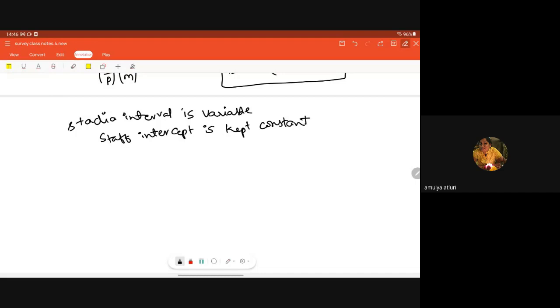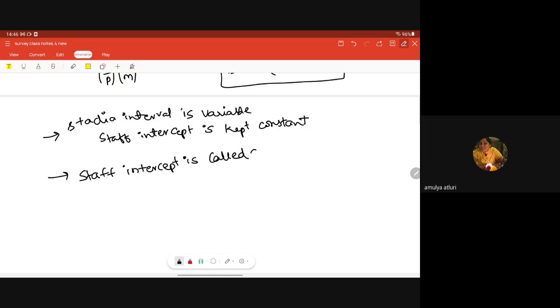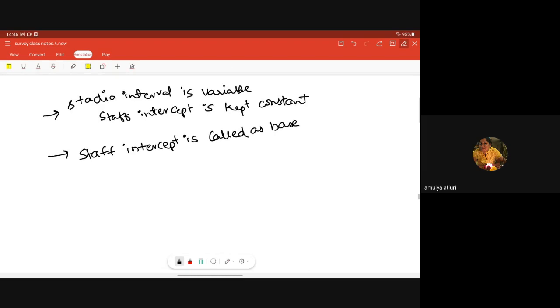The staff intercept is called the base. If the base is horizontal, this method is called the horizontal subtense bar method.